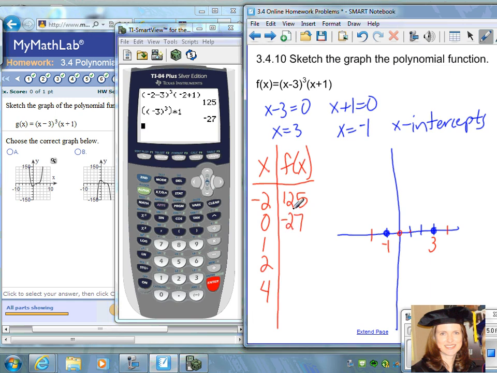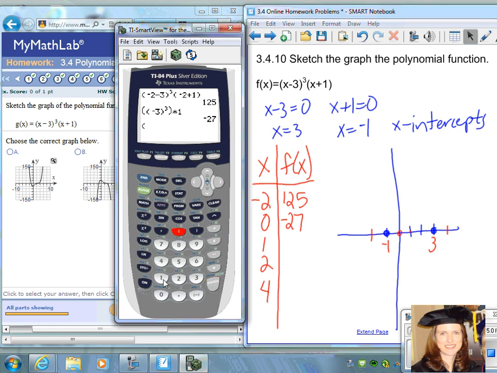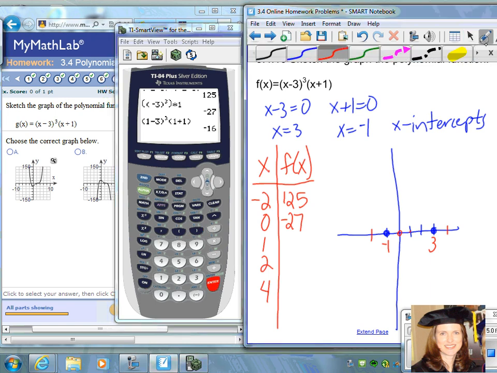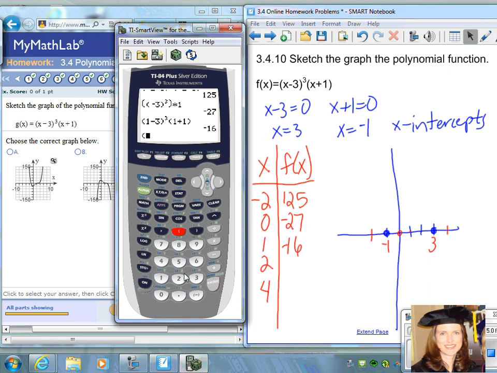If we plug 1 into the function, we get 1 minus 3 to the third power times 1 plus 1. And that will give us negative 16. Plug 2 in for x.